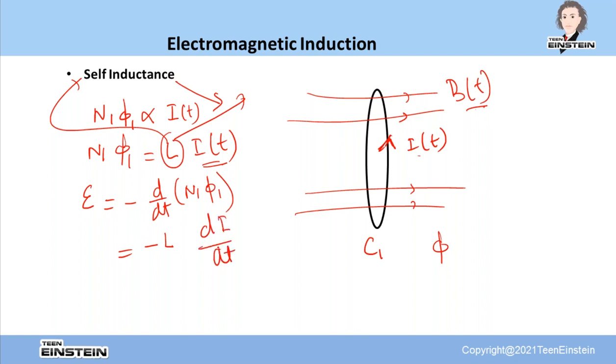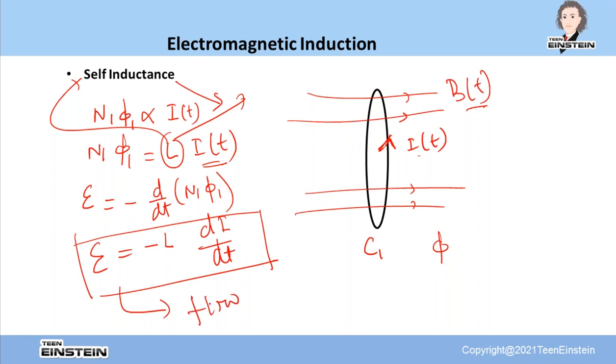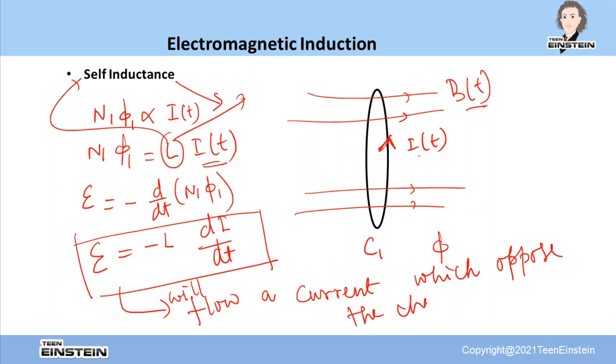So I can write this as minus L di/dt. That means if a current is flowing in a coil and it is time varying, then according to this formula there will be an induced EMF in the coil itself, and that induced EMF will produce a current which will oppose the change in the current.